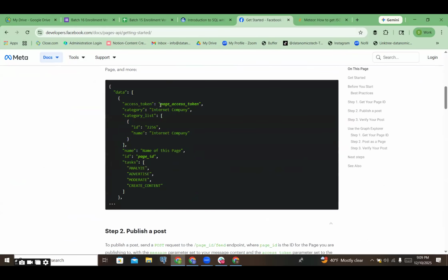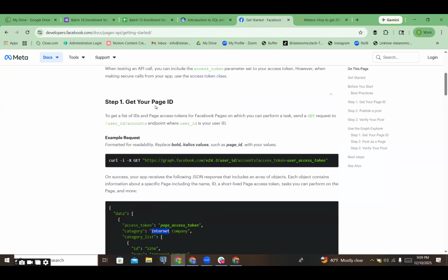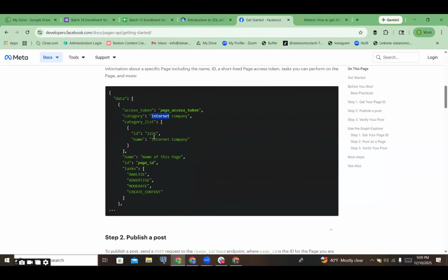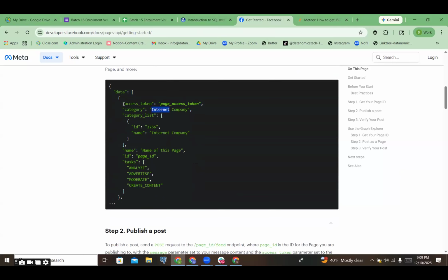And this is how they store data in the backend, especially page and user related data sets. So this is actually the Facebook Pages API. API is another concept that we're going to be going over in the upcoming classes. They store this kind of information, data sets about a given page.